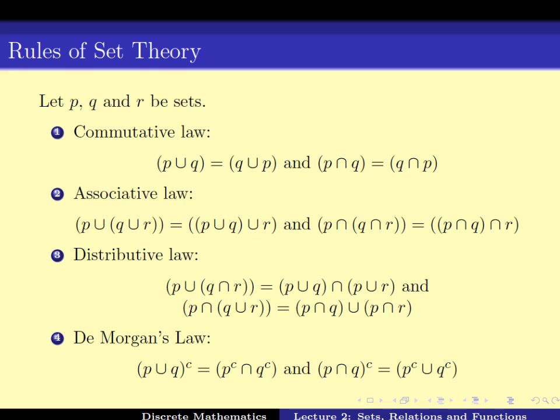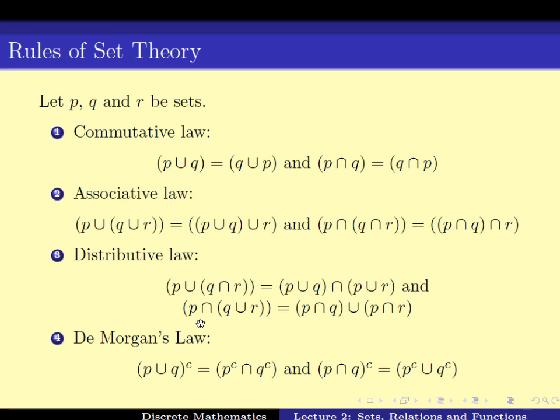The third law, which is an interesting law, is the distributive law. This says that P union (Q intersection R) is the same as you first do the union of P with Q and P with R, and then take the intersection between these two sets.